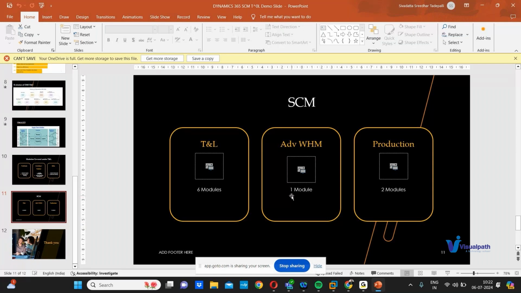If you go for big organizations, there will be separate consultants exclusively for T&L, for advanced warehouse management, and for production. Maybe one person is an expert on T&L, another on advanced warehouse management, and another on the two modules related to production.